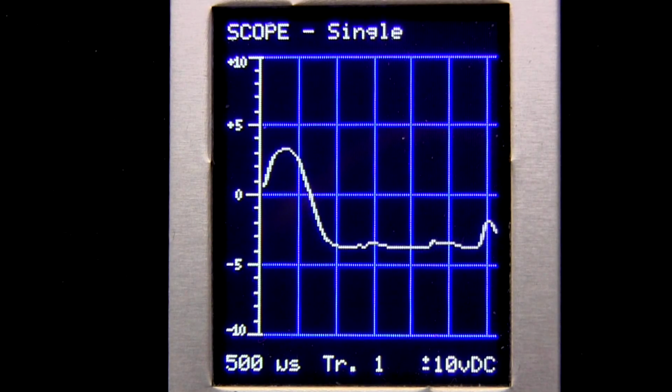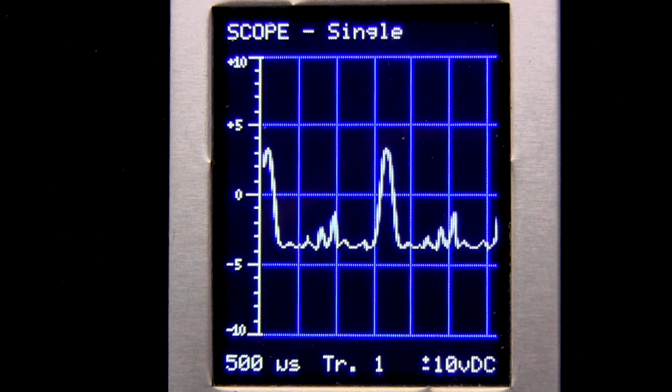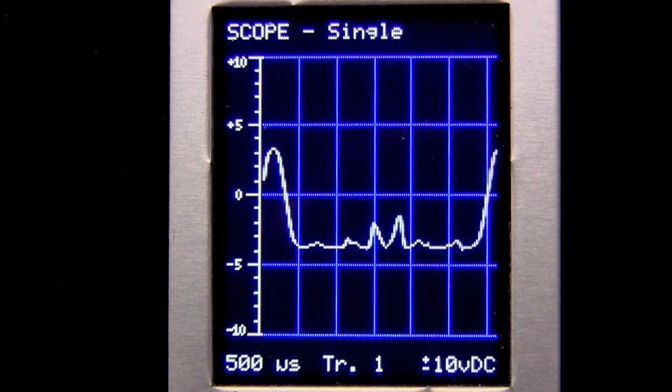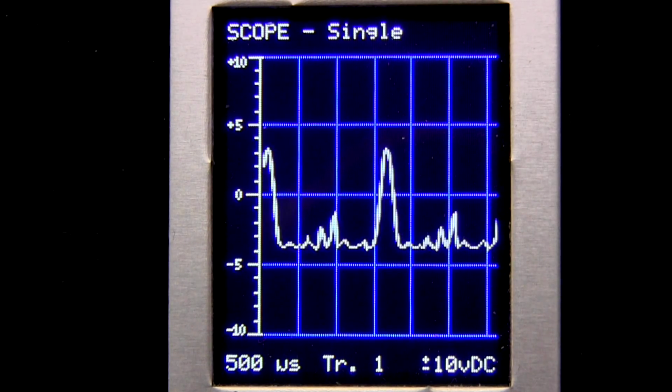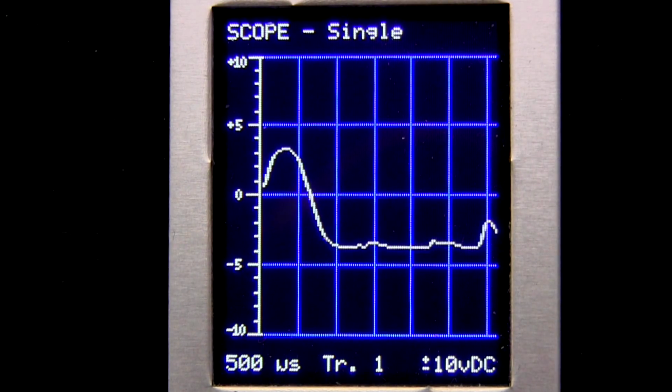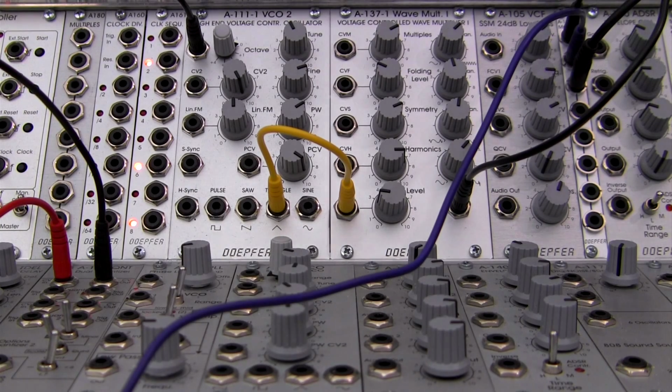And if you look at our oscilloscope so far, you can see the shape itself is quite different than what we had before. We had kind of a triangle shape with kind of a hard edge at the top. And now our shape is quite different from that. Okay? So I thought it'd be best to go through and find a few different timbres with our A137.